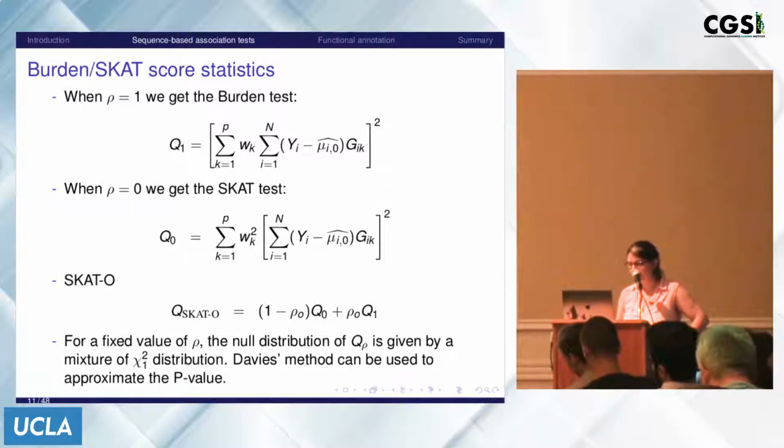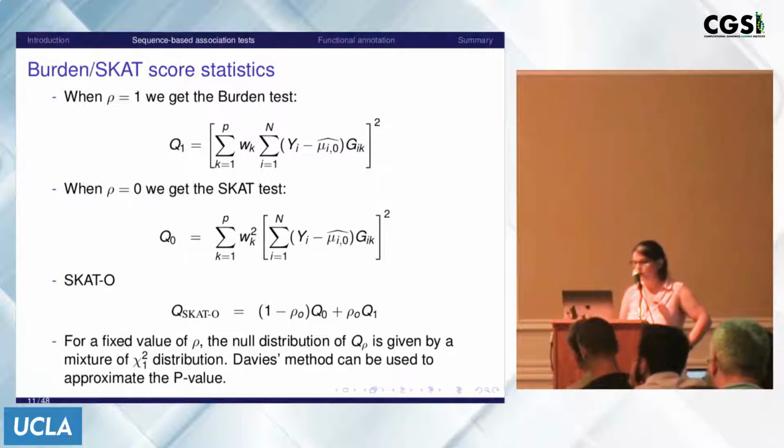So the SKAT-O test was proposed, which is an optimal combination of the burden and the SKAT squared statistic, and it turns out to be a good choice for a single test. It performs better than the burden or SKAT test individually.